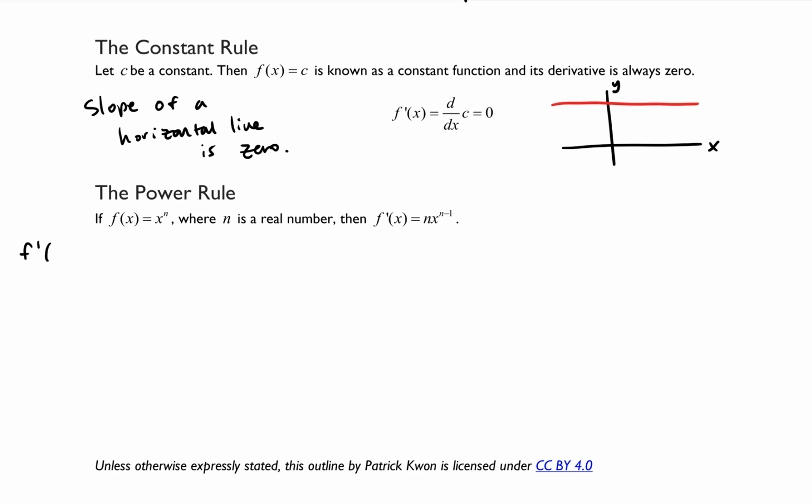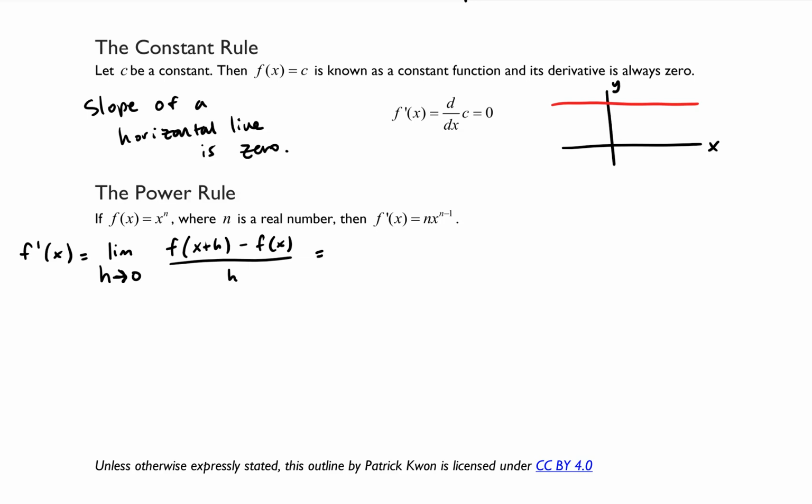So f prime of x, remember from a previous section, is equal to the limit as h approaches 0 of f of x plus h minus f of x all over h.